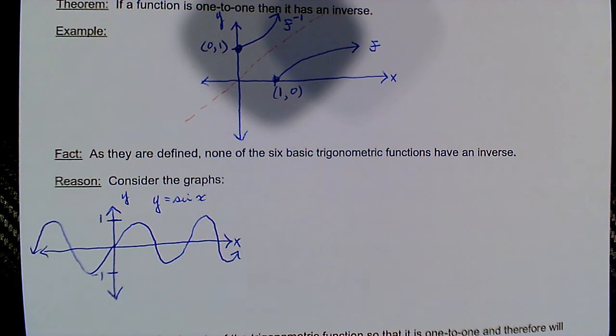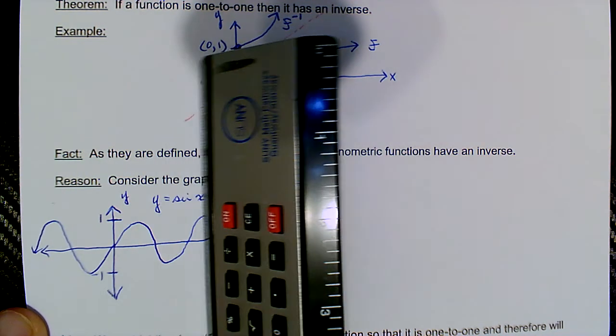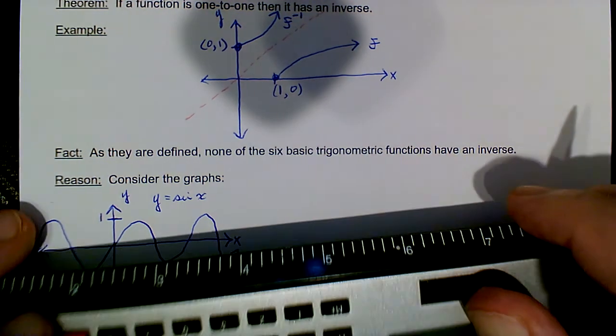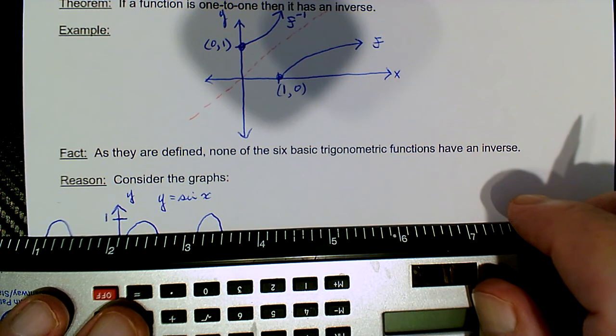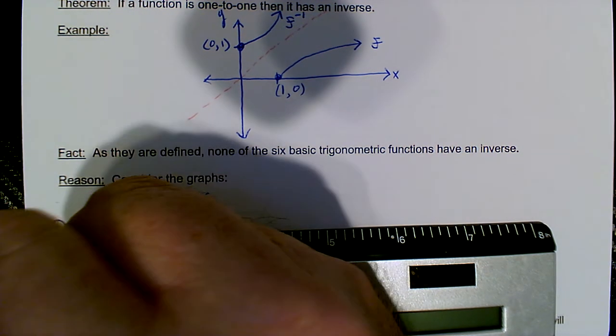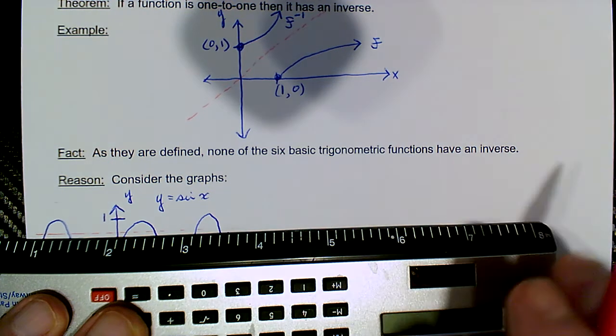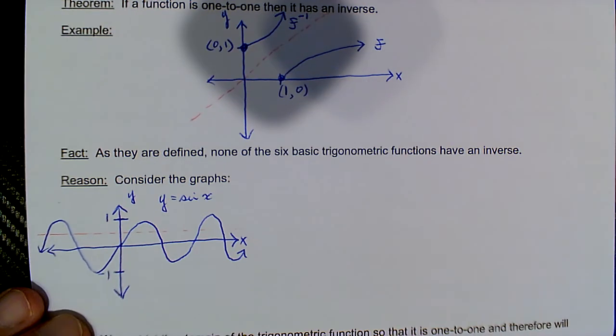It is a function, because a vertical line passes through its graph in at most one point, but a horizontal line passes through its graph in an infinite number of points. Draw a horizontal line anywhere where y is between -1 and 1, and you've got an infinite number of points where that horizontal line intercepts the graph.